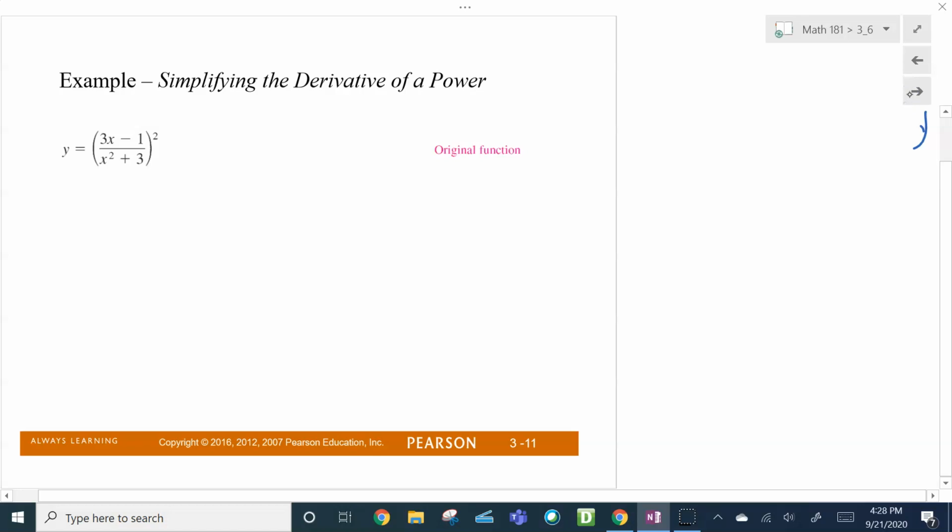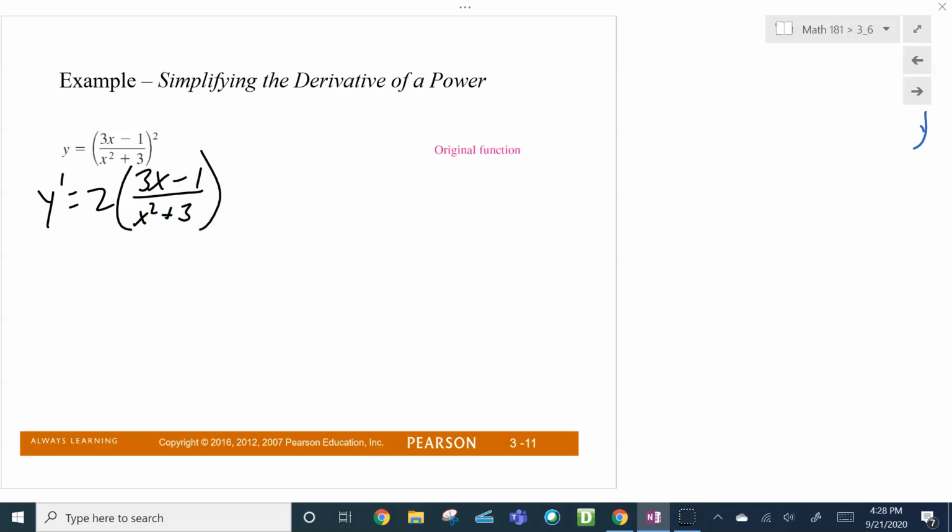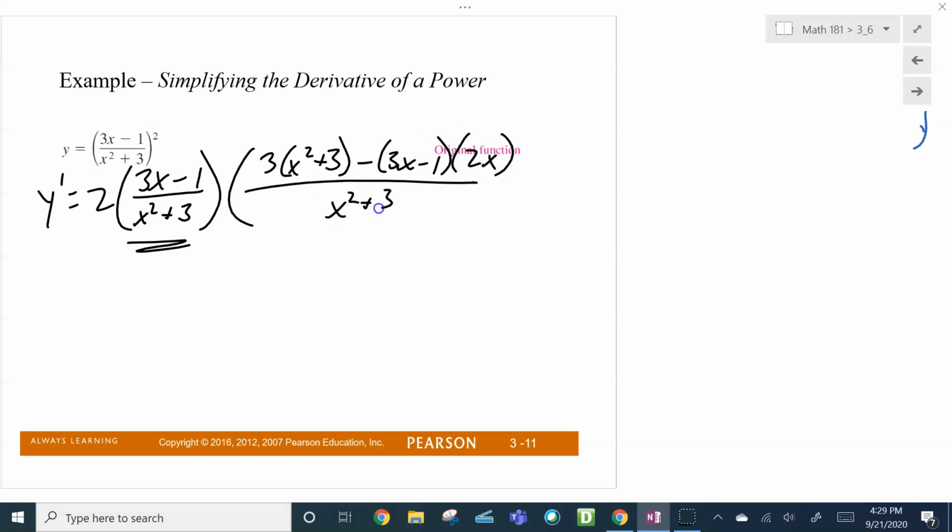Alright, a couple more here. Take this derivative, I've got 2, and I've got this junk, right, so I'm running the power rule. Now it's to the 1 power, but then I've got to take the derivative of the inside, which means I've got to run my quotient rule. Derivative of the top times the bottom minus the top times the derivative of the bottom, all over the bottom squared. So what we've got is, and I'm going to go ahead and distribute this here as well as that negative through.